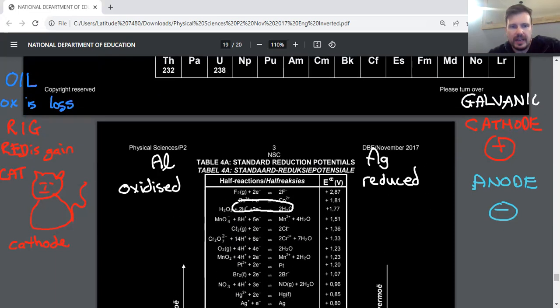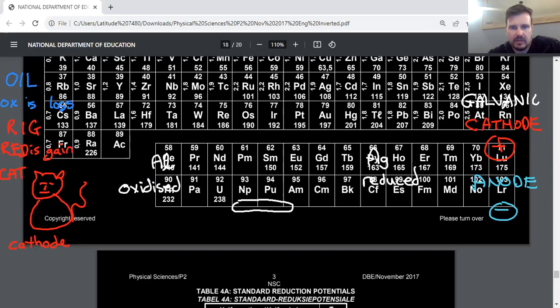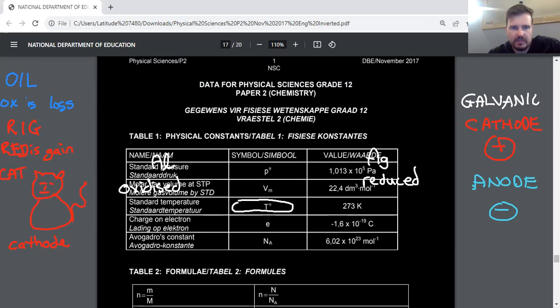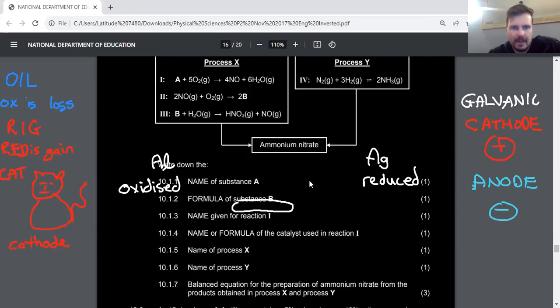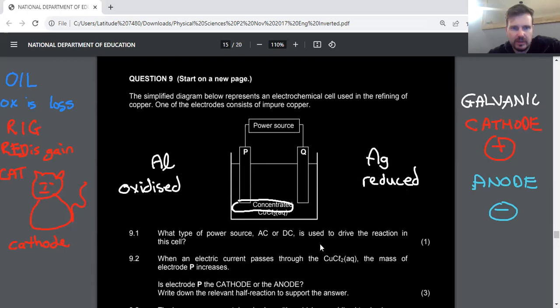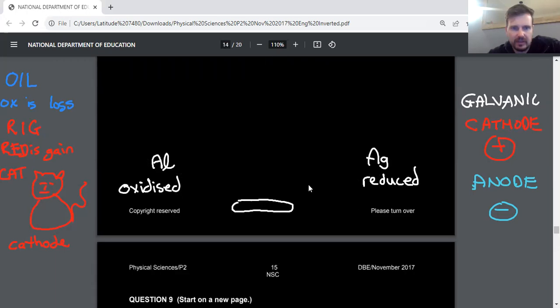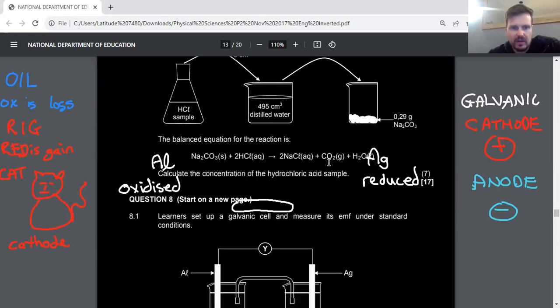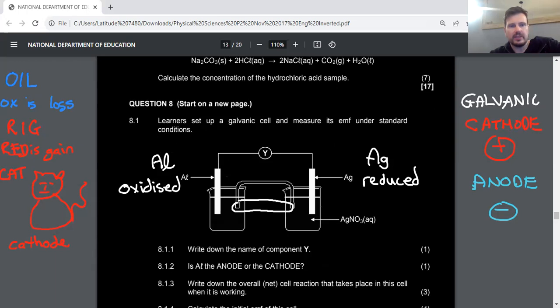So now that we know that, we can go up to the top and have a look at the rest of this. Okay, so now we've got a lot of information.